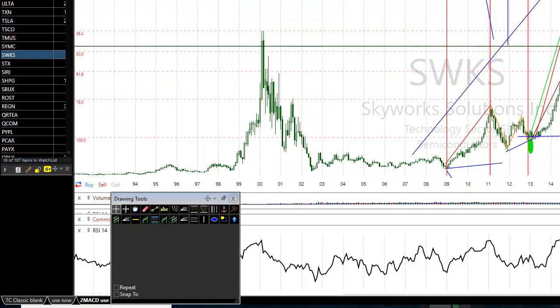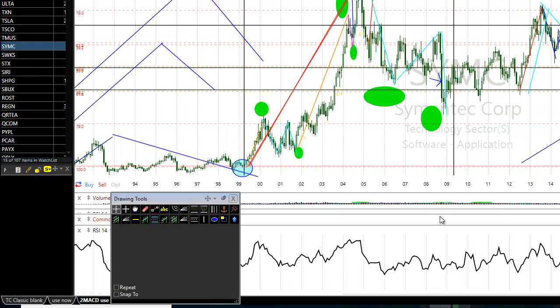If I see a bit of similarity, because Symantec is a little bit ahead talking about the correction, this one, the correction is not yet established, I may use the Symantec corrective pattern as the blueprint that I want to refer to when I'm trading the corrective phase of other financial instruments that belong to the same sector.